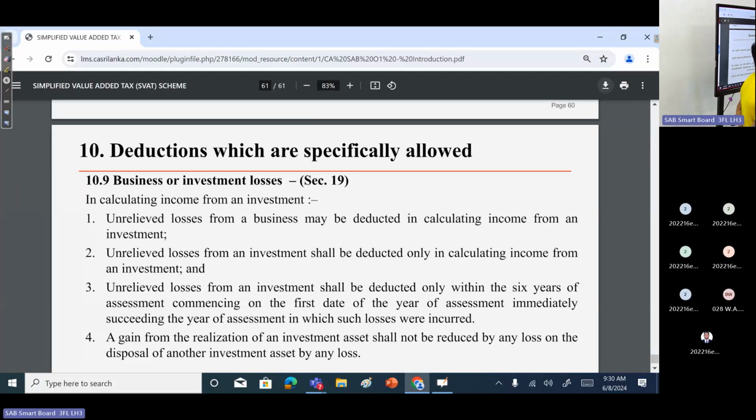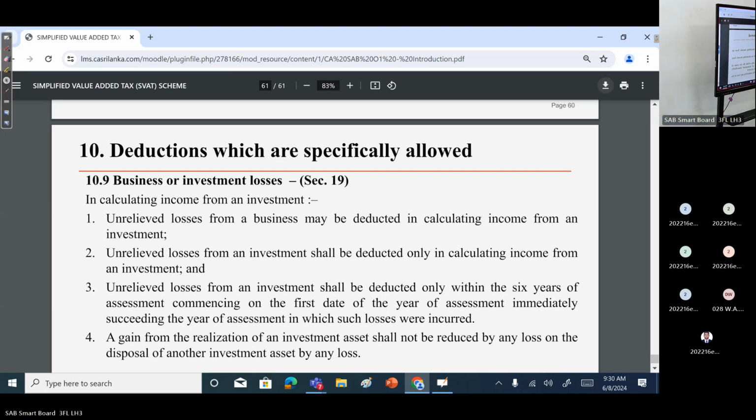Again from the realization of an investment asset. The gain from the realization of an investment asset shall not be reduced by any losses on the disposal of another investment asset. Right? We learned separately what is an investment asset.